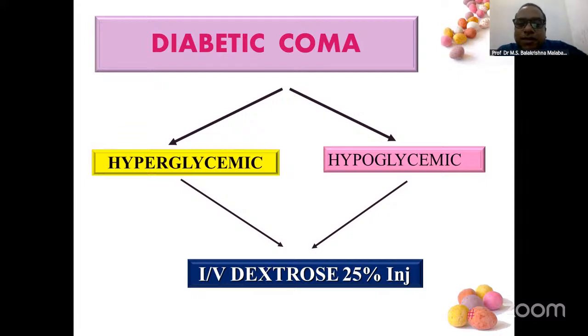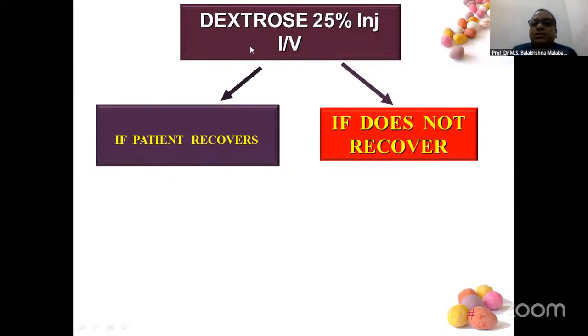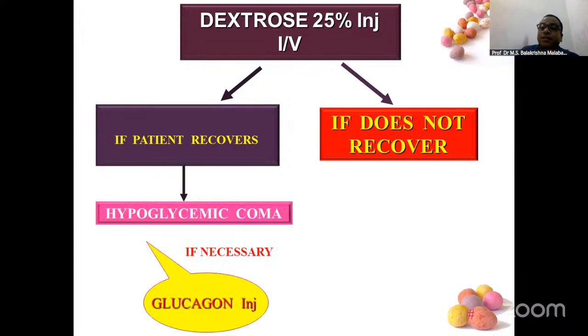I hope you remember. So once you give IV dextrose injection, irrespective of hypo or hyperglycemic condition, two things can happen. Either the patient will recover or the patient will not recover. If the patient recovers after giving IV 25% dextrose injection, then that was hypoglycemic, because this dextrose is carbohydrate.